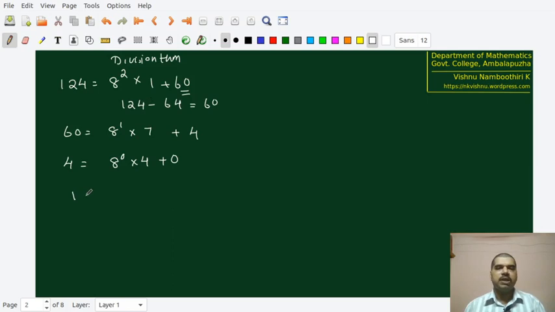Next one we are getting is 7, 8 raised to 1 into 7. And after that we are getting 8 raised to 0 into 4. Therefore, the number 124 in base 10 becomes the representation 174 to the base 8. So we are basically using the division theorem for finding out the digits in the representation to the base 8.